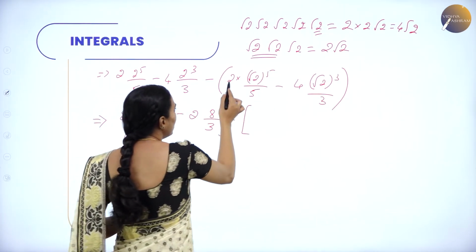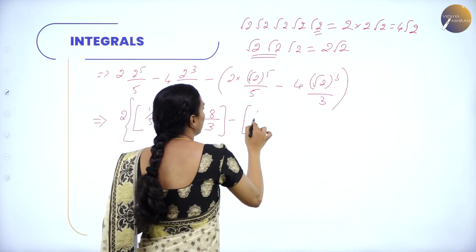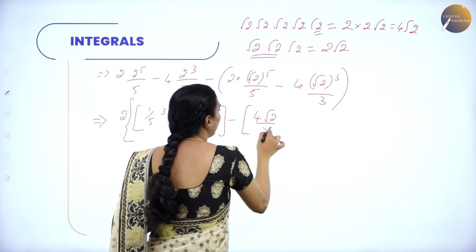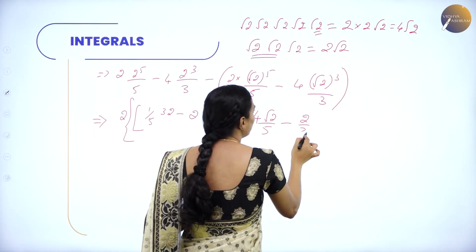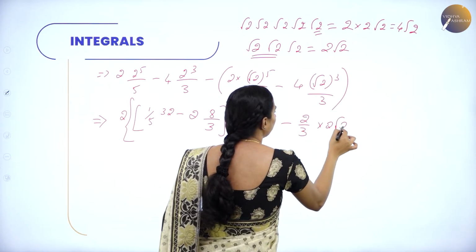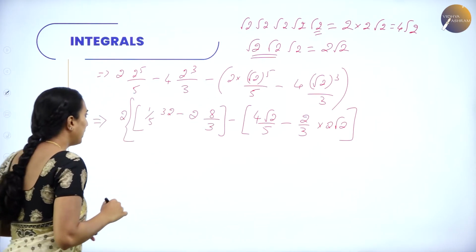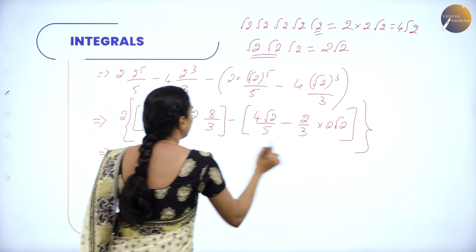Therefore, replacing that, 2 is already taken as a common factor here. So root 2 to the power of 5 is nothing but 4 root 2 divided by 5, minus 2 by 3 into root 2 cube, which is 2 root 2. Now, multiplying the minus sign, 2 is already outside.